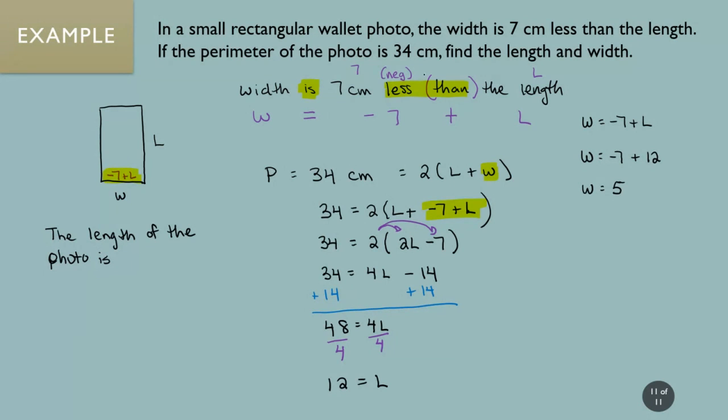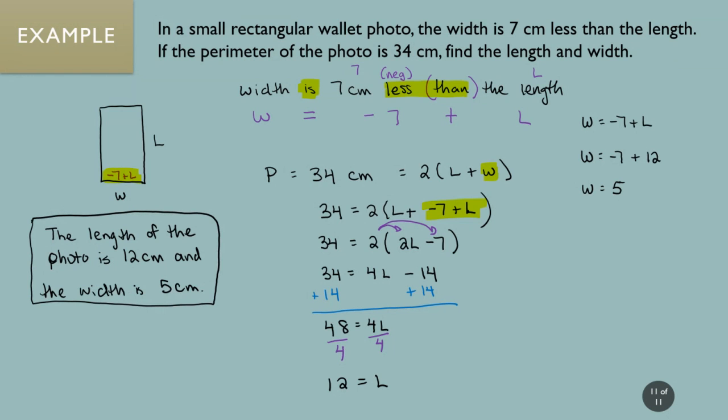So they gave us 34 centimeters, 7 centimeters. So this is going to be in centimeters. So it's 12 centimeters. And the width is 5 centimeters. So we fully answered the question. It said to find the length and the width, and we've written it in a sentence in context so that it makes sense in terms of the original problem and what you were looking for. We're including units, and so we've got a very complete answer here.